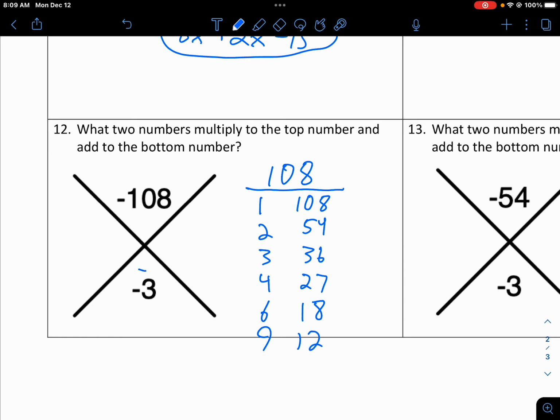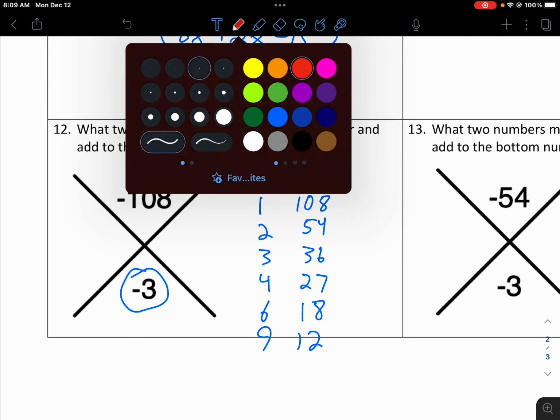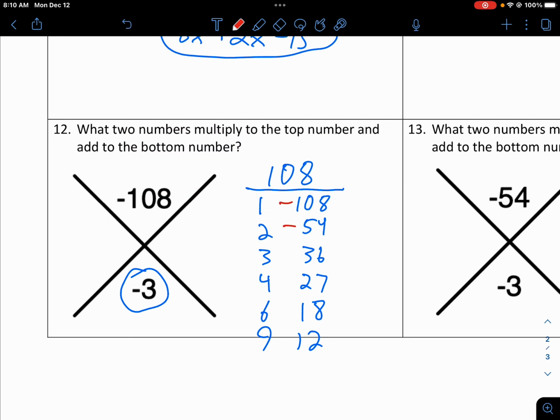So then this number, right, since it's a negative, the bigger number column, which is the right column, has to match that sign. So I'm going to throw negatives on every single bigger number. Then you go down the line. Okay? 1 minus 108, negative 107.